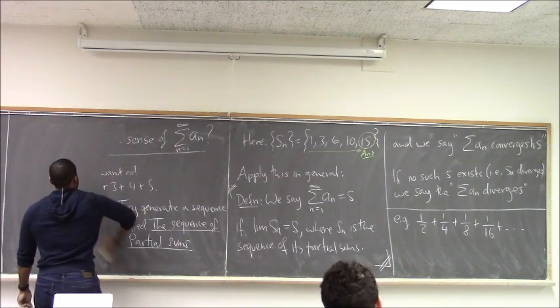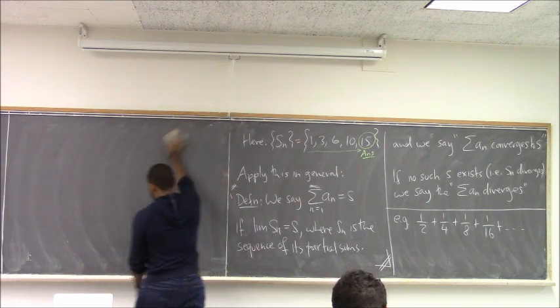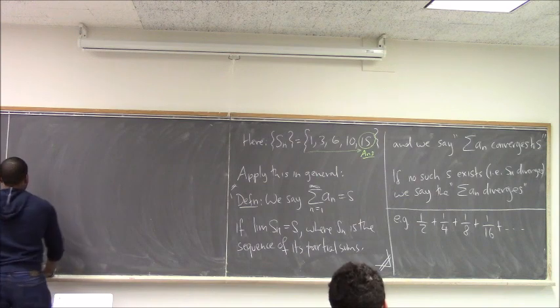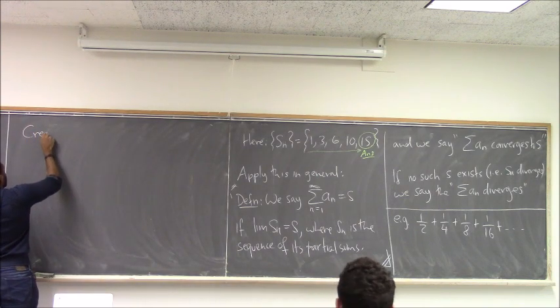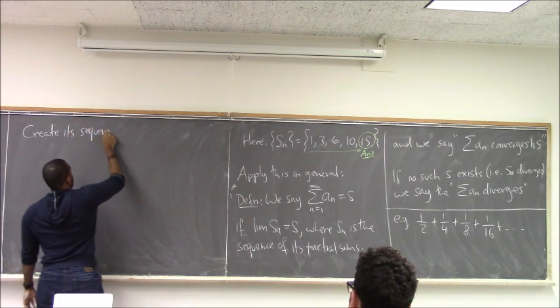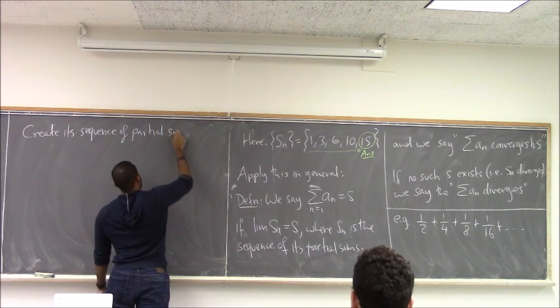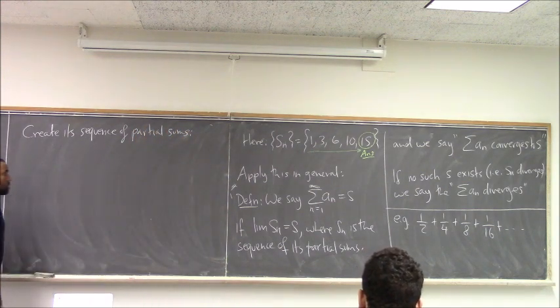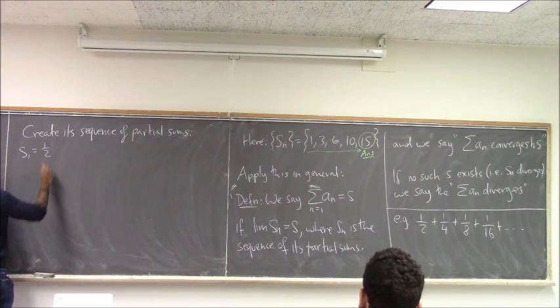Let's say you wanted to add up all of those numbers. How would you actually go about doing it? Well, one way we could do this is create a sequence of partial sums. So, the sum of the first guy, that's a half.